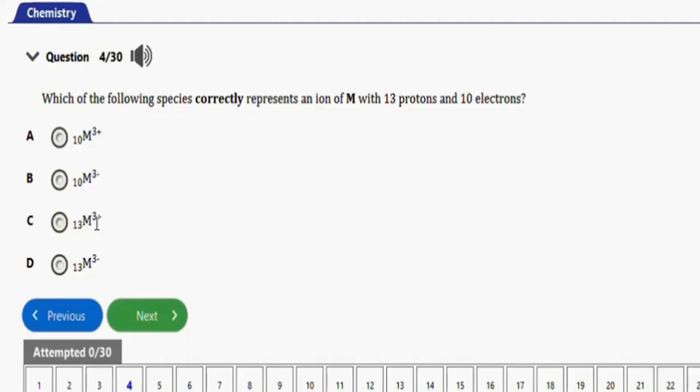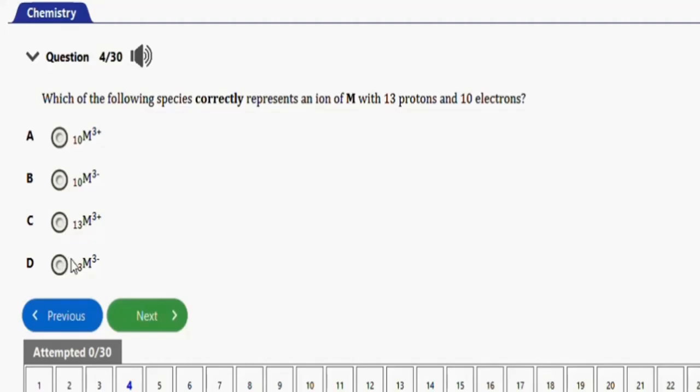It takes part in a chemical reaction, so the aluminium will give out 3 electrons, and 10 electrons will remain. So the right option is option C. That's it for this question.